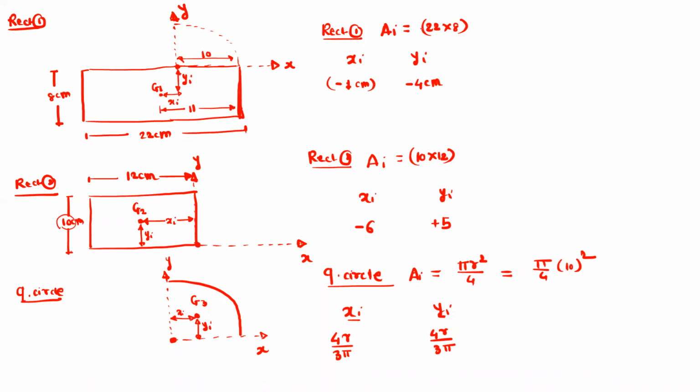So area for rectangle 1, rectangle 2, and rectangle 3, sorry, right angle quarter circle will be positive.